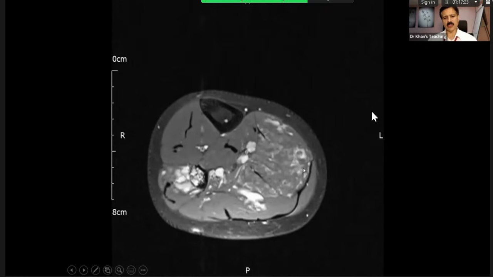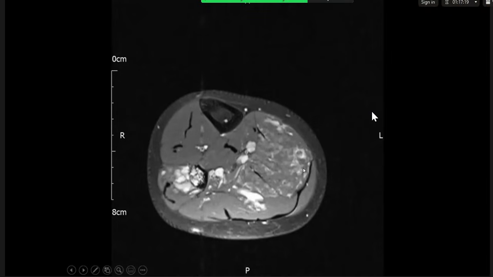So this one is with contrast. In this sequence, I can see enhancement within the muscle on this side here, in the gastrocnemius muscle.